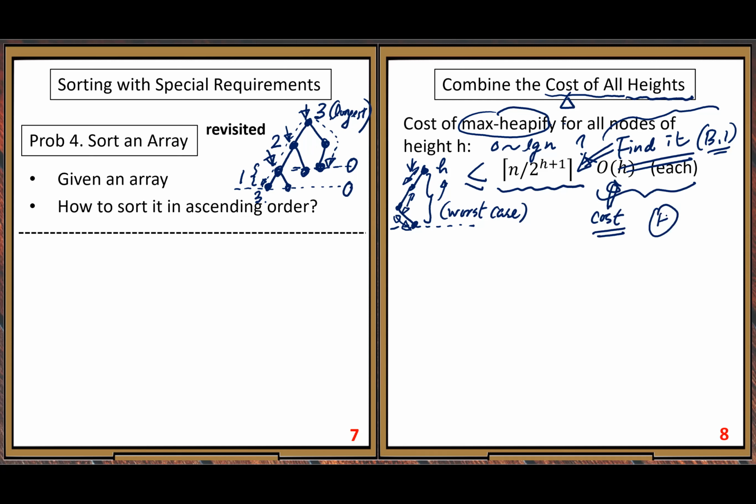If you want to write big theta of h, that's fine; that's more accurate. But we are mainly interested in the upper bound, so we use big O, and that's fine. It's a small difference in notation, not a big deal here. All right, so let's continue.